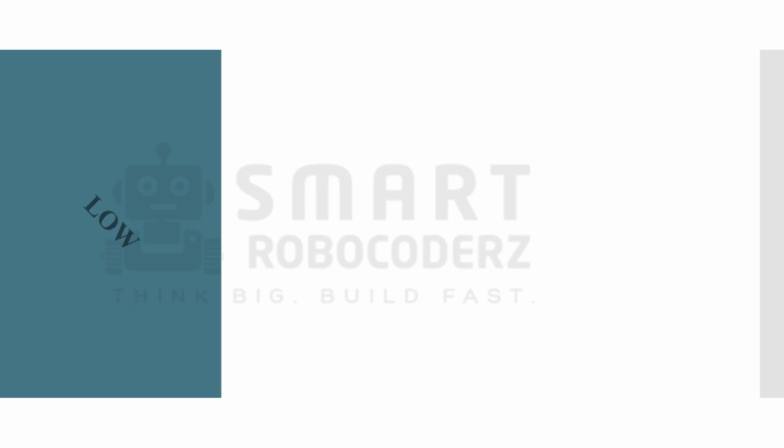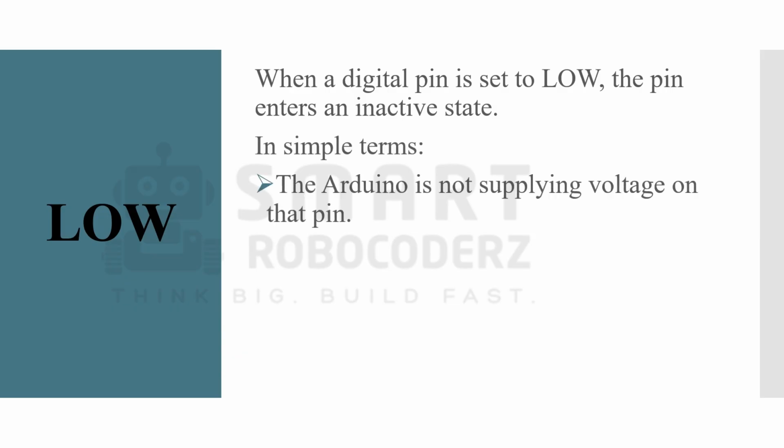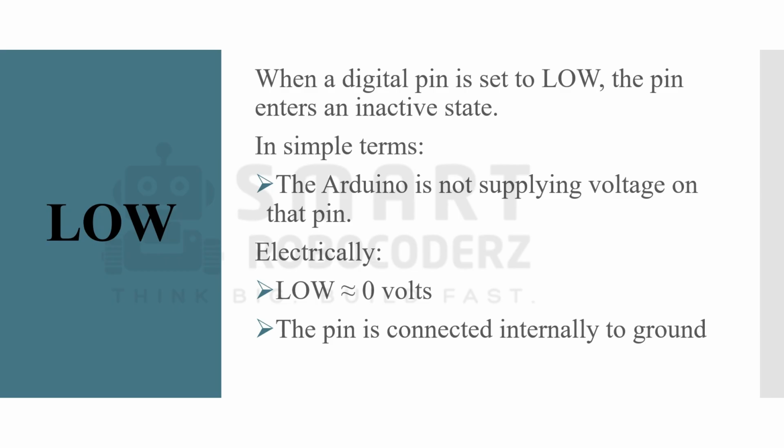What does low mean? When a digital pin on an Arduino is set to low, the pin is placed in an inactive state and, simply put, the Arduino is not supplying voltage on that pin. Electrically, a low state corresponds to the pin supplying zero voltage, and the pin is connected internally to the ground.